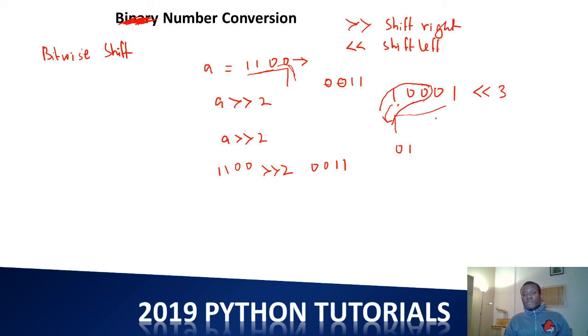So the space that is created behind, we replace it by 0. I hope you are following. So if you have 0, 1, 0, 0, 0, 1, bitwise shift left 3 will give us what? 0, 1, 0, 0, 0. So this is how the shift works.